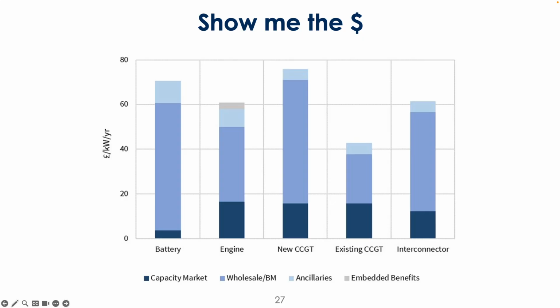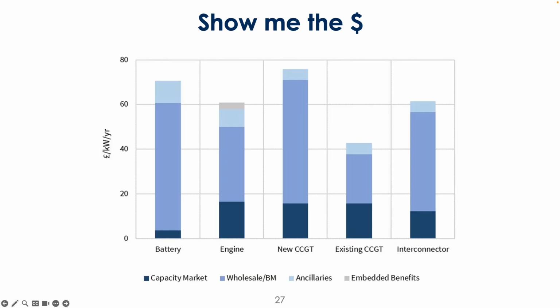Okay, when we break down into capacity market, your wholesale, this is your energy market, and your ancillary services, we've now talked about our three markets or pseudo markets. Where is that relative value?